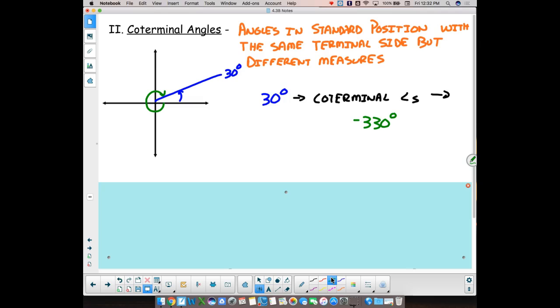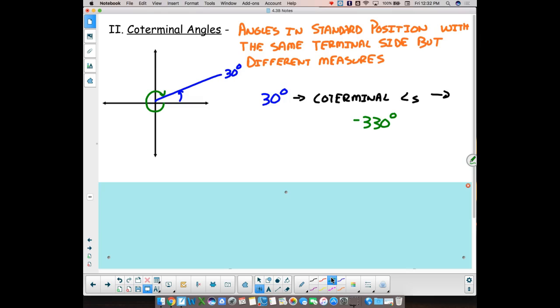Give me another coterminal angle, or an angle that would have the same blue terminal side. 390 degrees?